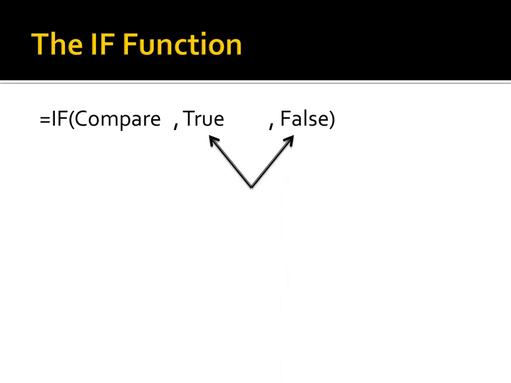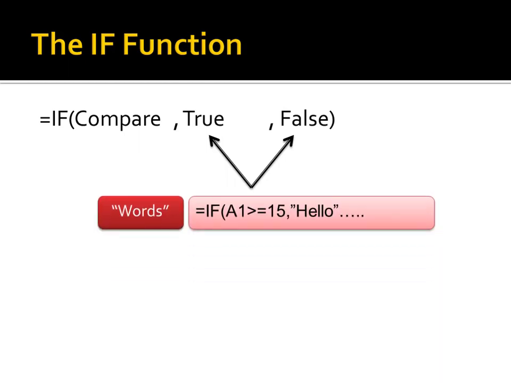So, questions. What type of things can we put in the true and the false sections? Again, we studied these in the previous video. Let's review what we've learned, and then we will build upon that. We have learned that we can put in words in that section.